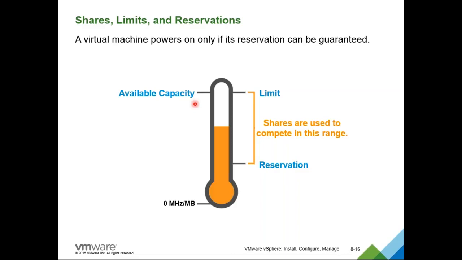In a typical VMware vSphere environment, many VMs run simultaneously on a single ESXi host. For proper resource management, vSphere offers a set of mechanisms designed to guarantee access to resources when necessary.